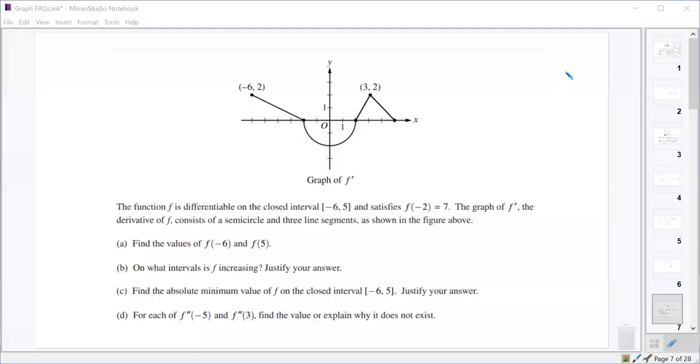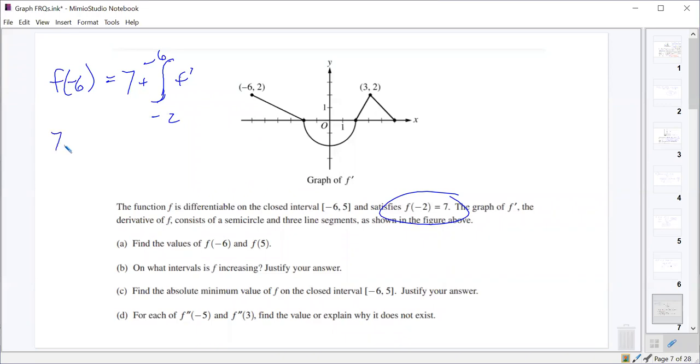So for part A, we want to find f of -6 and f of 5. We know that f of -2 is 7. So we'll say that f of, oh, forgot to stop the timer. All right, f of -6 ought to be the initial condition, which was 7, plus the integral from -2 to -6 of f prime.